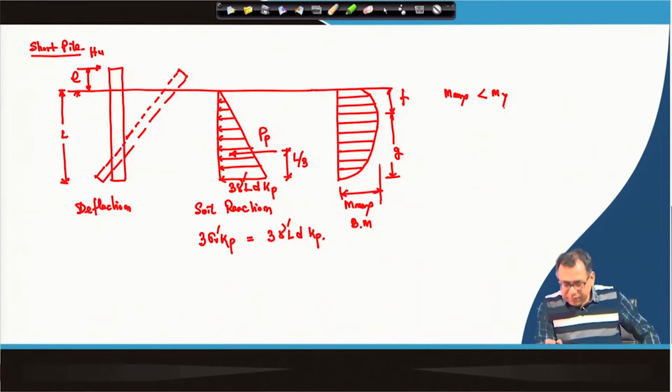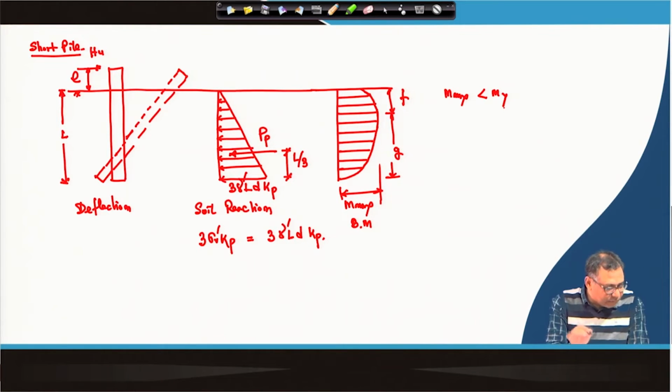So, now if I write the equations for this short pile, what are they? Here is the total passive soil reaction, and then this is the H u.